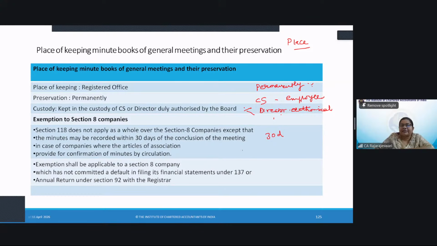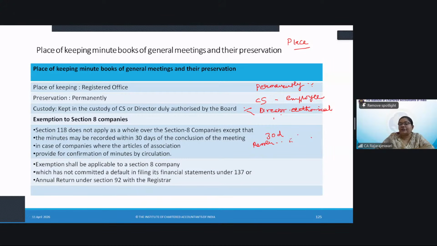And in case of companies where the articles of association provide for confirmation of minutes by circulation. What is minutes by circulation? Suppose they cannot convene a proper board meeting. Then they can pass the resolution by circulating it among the members, who will put their signature.